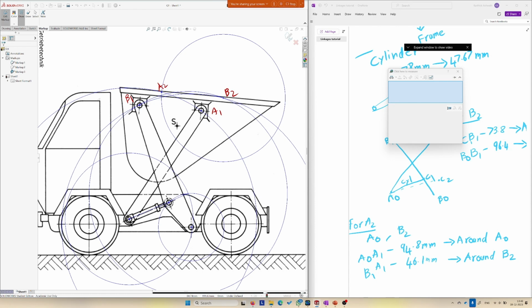So this should not be A2. I was wrong. Instead, this point here should be A2, like you said. I made the same mistake in class as well. Initially this was the A2 point, but if you look at it, the whole bucket would be upside down. So that's the wrong position.